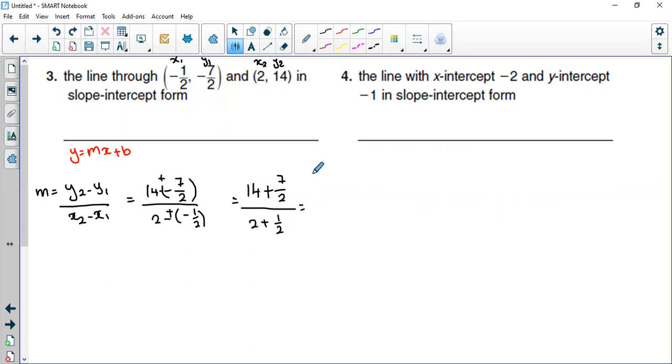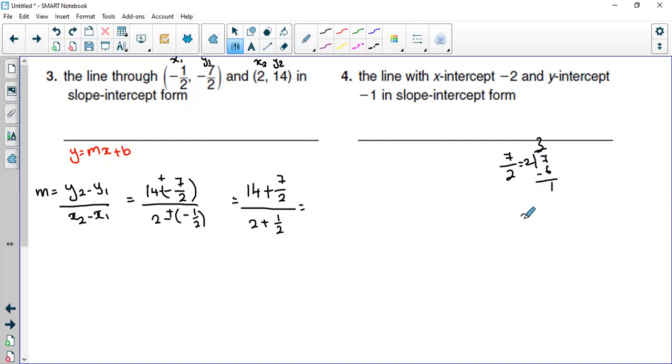Now how much is 14 plus 7 over 2? We can either change this to a mixed number. If you change that to a mixed number, you will have to divide 7 by 2, which will give you a 3 and a remainder of 1.